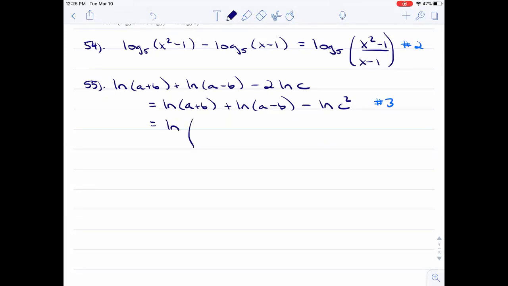And in the numerator, because I'm adding the log of a plus b and the log of a minus b, I get a plus b times a minus b. And then I'm subtracting the natural log of c squared, so then I'm dividing by c squared. And this is a combination of number 1 and number 2.